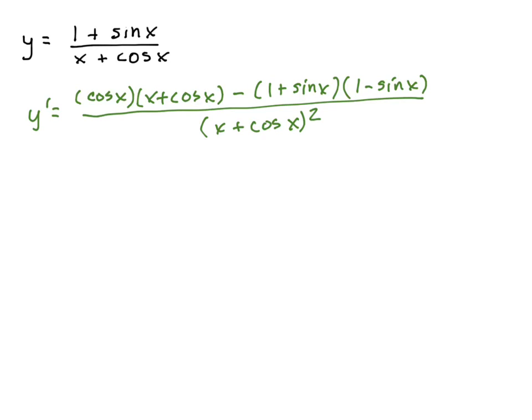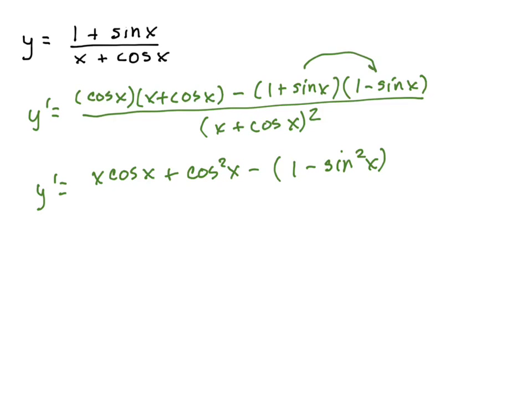Now let's simplify that numerator because we'll have an opportunity to cancel something in here. So this is going to be x cosine of x plus the cosine squared of x, that's from the first term. And then we have minus 1 minus the sine squared of x, if you look at these as being conjugates of each other, over the same denominator.